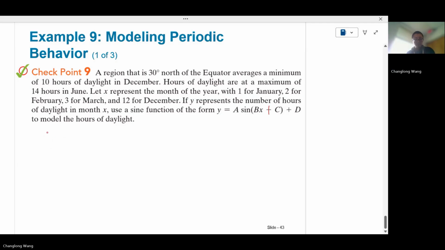Right? So the bottom line is, I'll give you 2 or 3 minutes to find out what a, start with the d. The d, the a, and the b. And once you get all of them, maybe think about how you're going to get c, right? But like I said, by the end of the second or the third minute, I want everyone to have those 3 parameters figured out. Right? Go ahead.